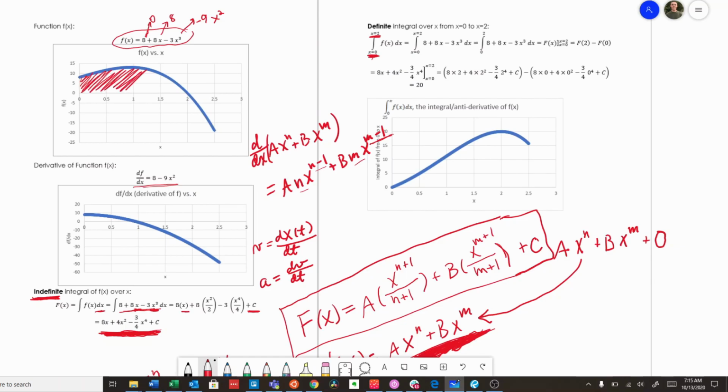It's telling me find this area right here. I want it to start at x equals 0. I want it to end at x equals 2. So I chose a convenient location since the curve reaches 0 at x equals 2. So there I'm just saying, give me this exact area here.